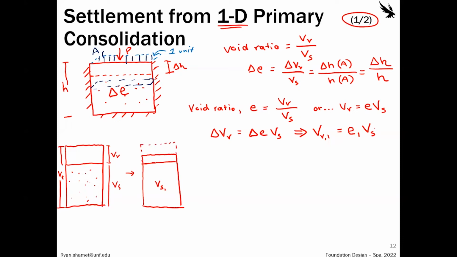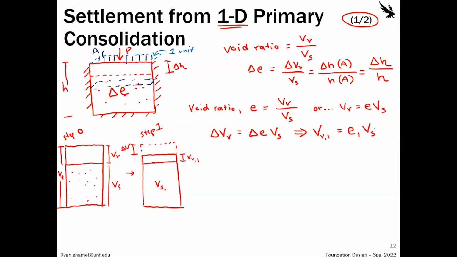Compared to the first step, I'll say this is step 0. This is step 1. We have this change of voids.